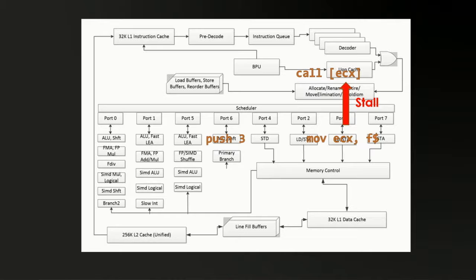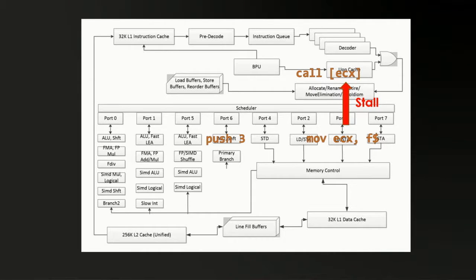It's not that straightforward. If you're really, really lucky, the value of F exists somewhere on the chip that's really close to the execution units. If you're really lucky, it's in a store buffer somewhere. Then it's only going to take 2 or 3 cycles for you to get the data from F into ECX, which then figures out where I need to transfer my execution: the address of the next instruction that I need to execute.